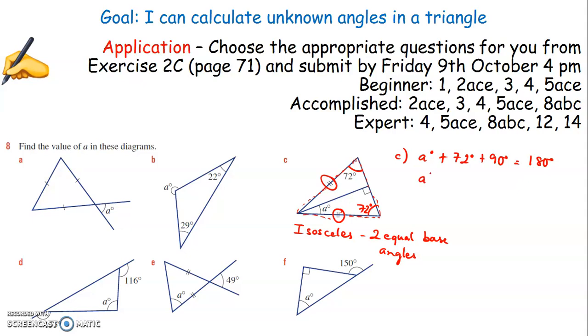So that means that A is 180 minus 90 minus 72. 180 minus 90 is 90, and 90 minus 72 is 18 degrees. This is our answer for C.